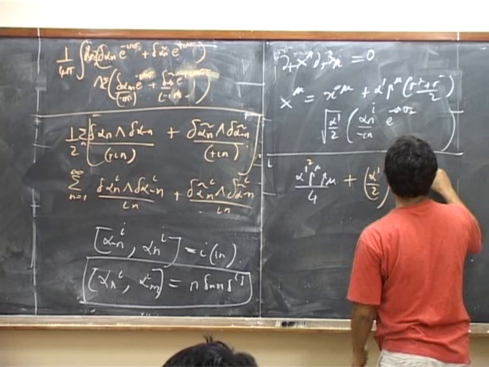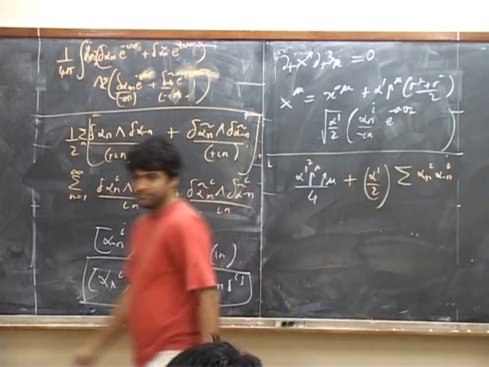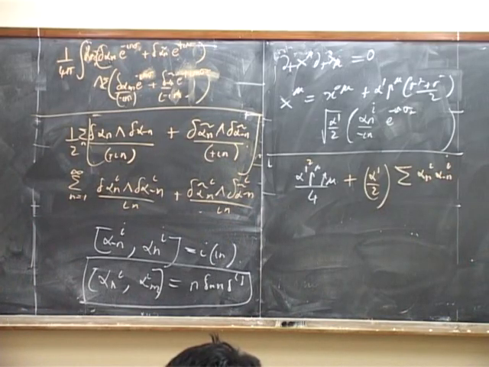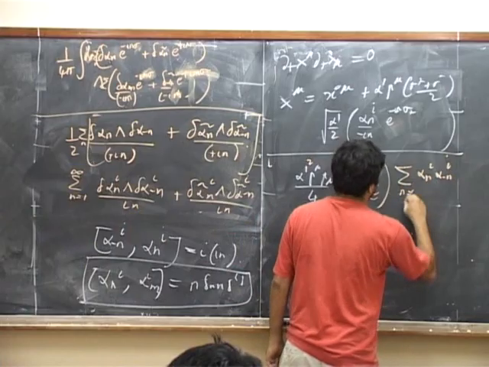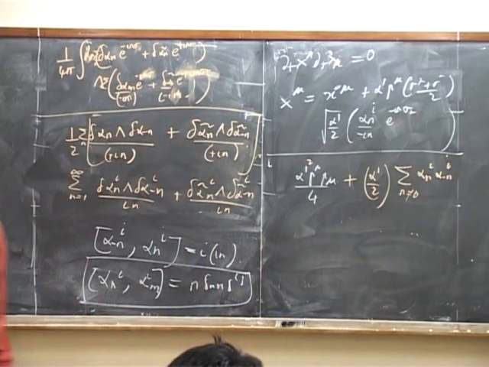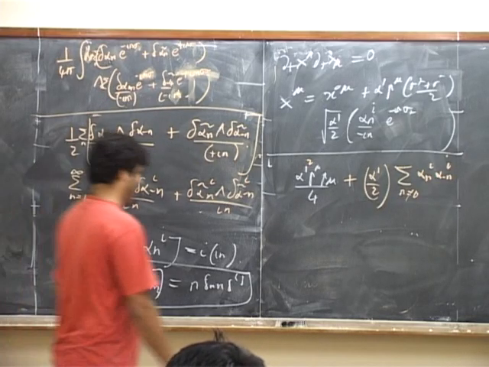So we just get the sum of alpha_n^i alpha_{-n}^i, summed over n not equal to 0. This is the only zero frequency part of that constraint. Okay? Great.